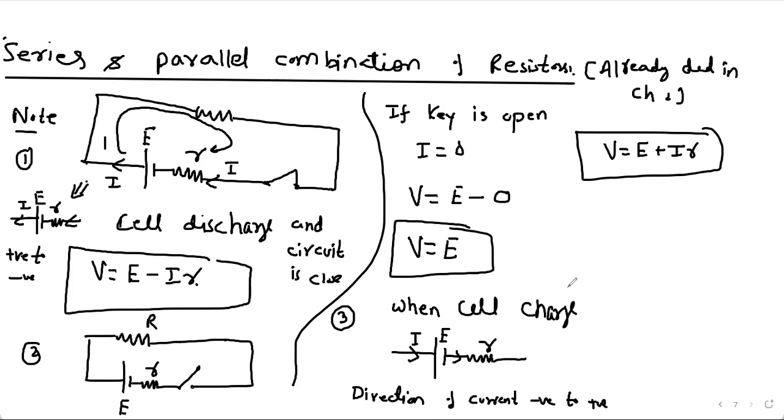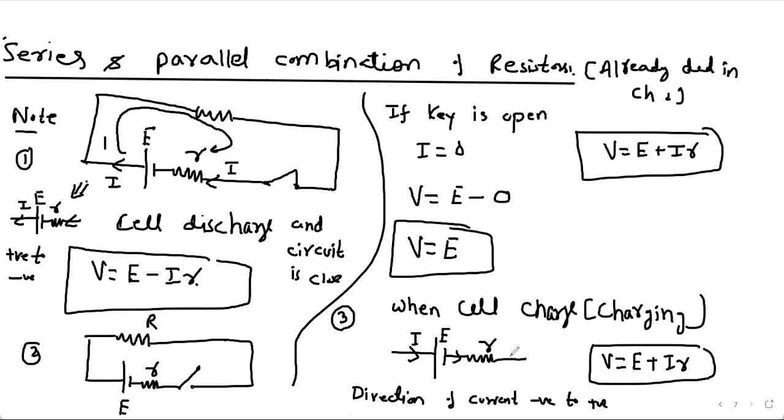It's charging. Like you take a cell, you connect this cell to another cell to charge it. We have secondary cells, which can be recharged. So when you charge a cell, the direction of current gets reversed, and instead of E minus Ir, the terminal potential difference becomes E plus Ir.